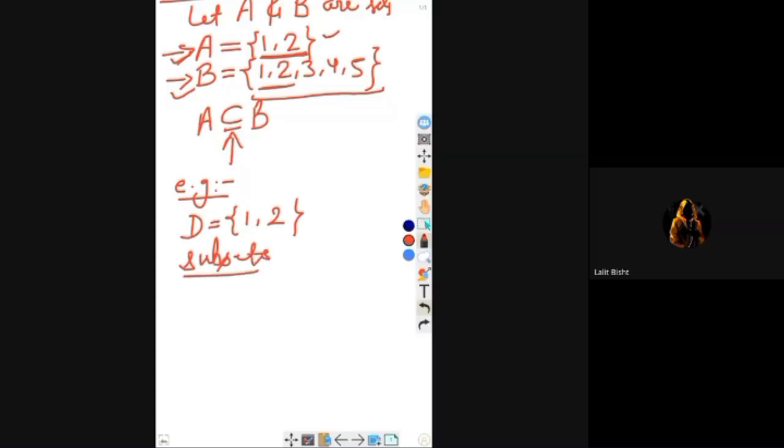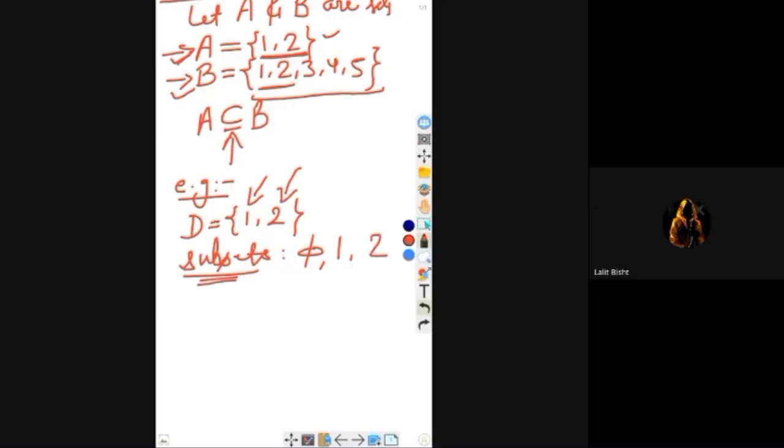To write all subsets, the first subset is always phi. Phi is the null set, empty set, void set, and phi is a subset of all sets. So first write phi. Then write each element of the set. The first element is 1, so write 1. The second element is 2, write 2.